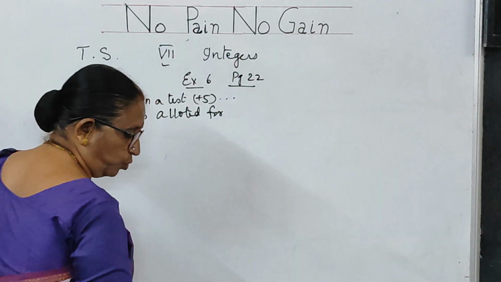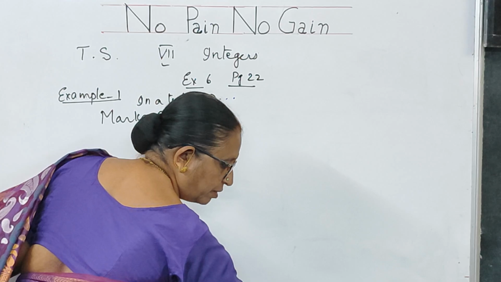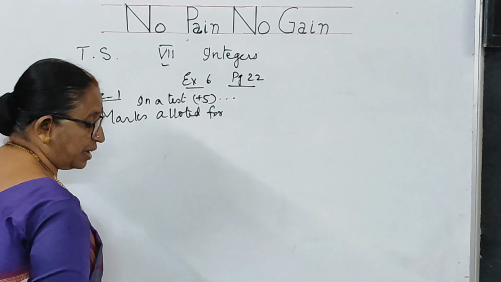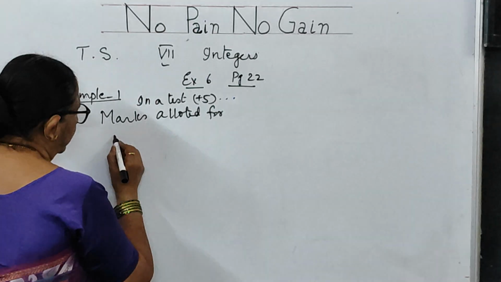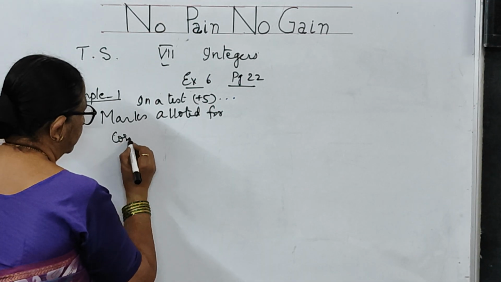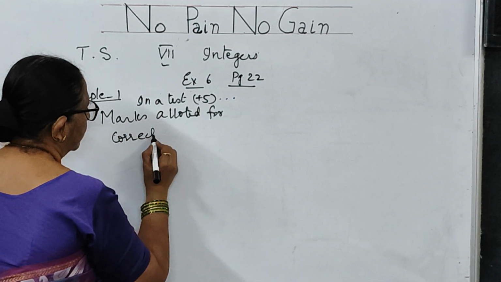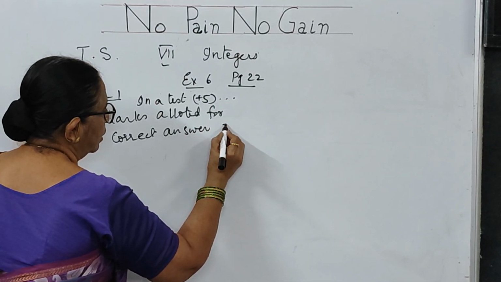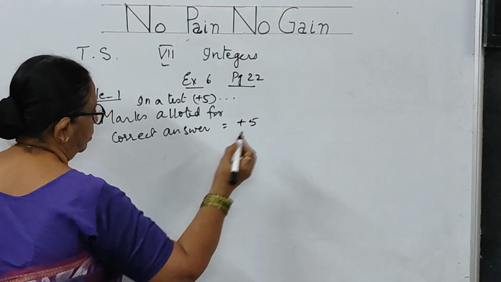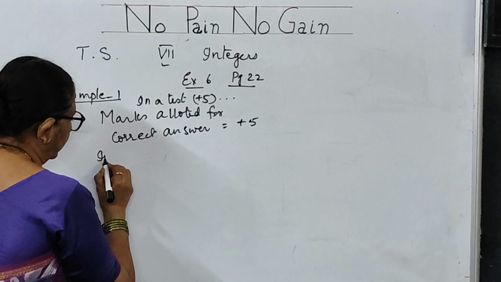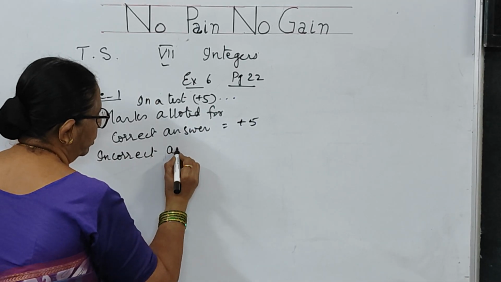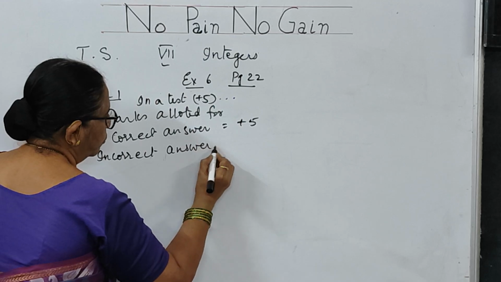Marks allotted for, we have got 2 questions, children, here in this. You have got 5 marks are allotted for correct answer. So for correct answer, how many marks they are allotted? +5. And for incorrect answers, how much?